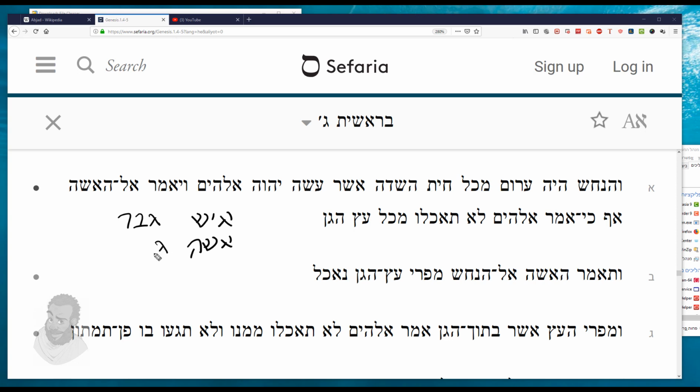And then they still keep isha for woman. They use gever for man now instead of ish, but we already know ish, why it signifies so much biblically. Not everyone could be gever. It comes from gaveru.